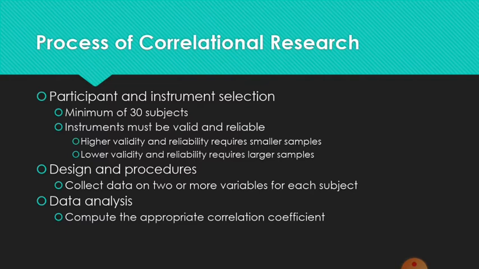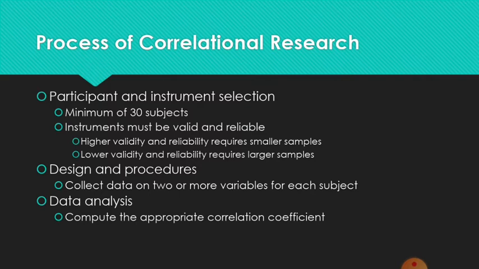The higher the validity and reliability of the variables to be correlated, the smaller the sample can be, but not less than 30. If validity and reliability are low, a larger sample is needed because errors of measurement may mask the true relationship.